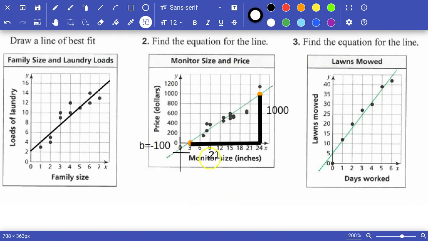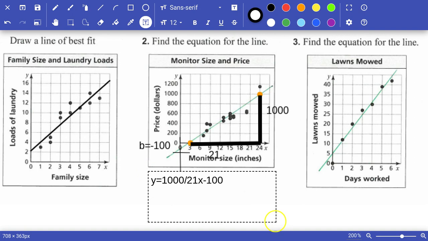Okay, now I have my B and I have my slope here. Let's go ahead and write our equation. That'd be y equals 1,000 over 21x minus 100. But I'm going to reduce this because this is the price of the monitor, inches per price, so for dollars.